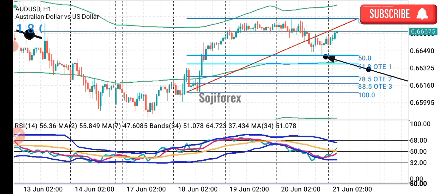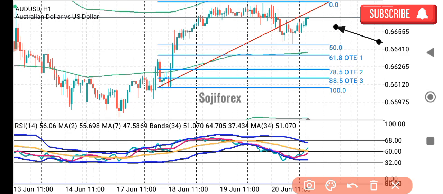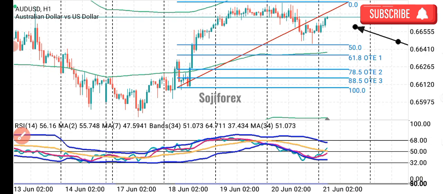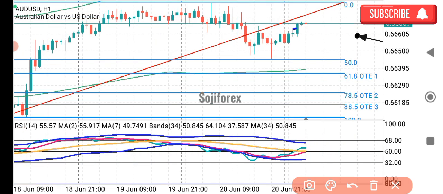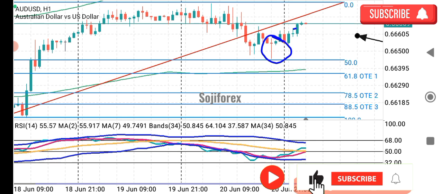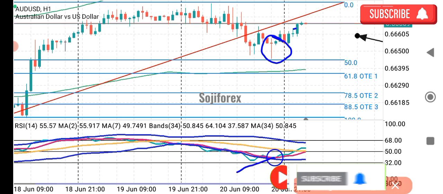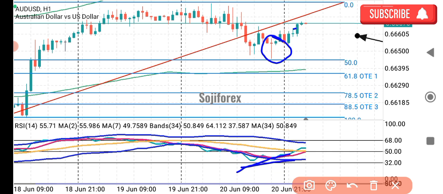Here is more or less a double confirmation because I can see this pin-like candlestick pattern that got rejected from this 50 level, and I am seeing a divergence on my TDI between these two candles.